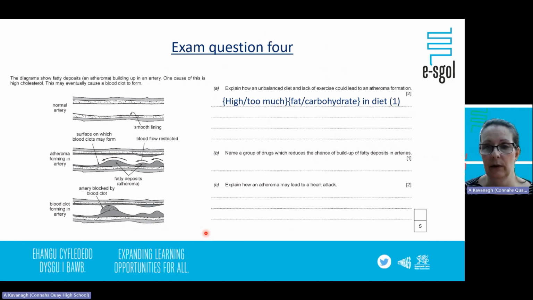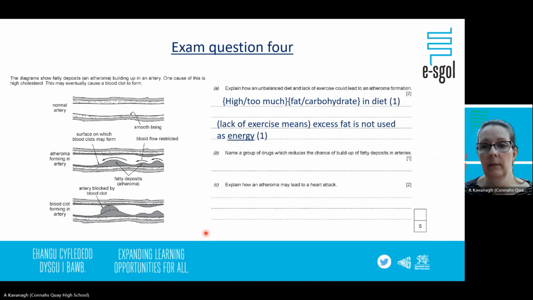That's the first point that we need to make sure we have. Secondly, because there is a lack of exercise, this person is not very active, so the excess fat that they are eating in their diet is not being used as energy. And that's the crucial word there. Make sure that you include energy for that.